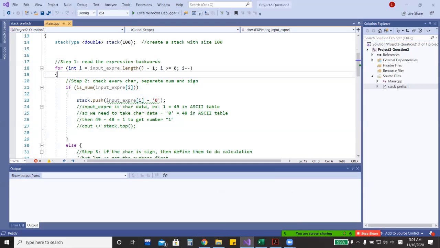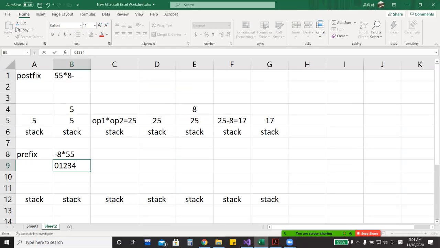Then step 2 will check every character and separate the numbers inside. Because this is a string, I will have a character which is a negative, and the star sign, that's a character, and 8.